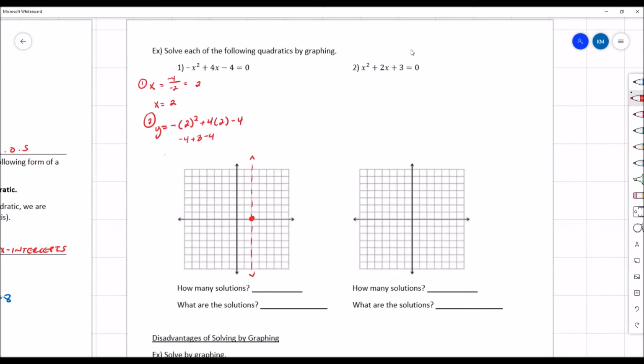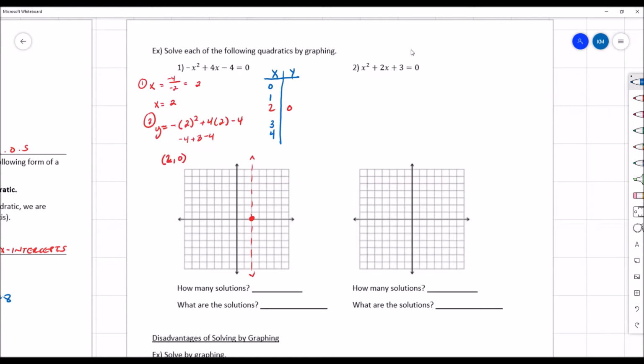So our vertex is at 2, 0. Now we make our table of values, x and y with 2, 0 being in the center. Plug in our other values around it. There's nothing stopping us from using these values, so I'm just going to use those.